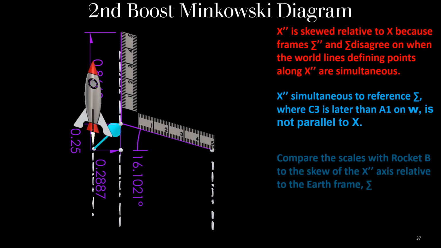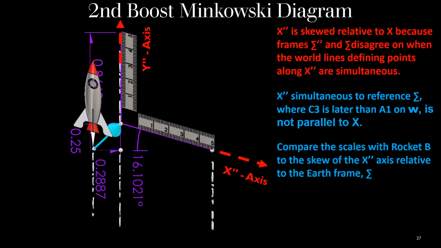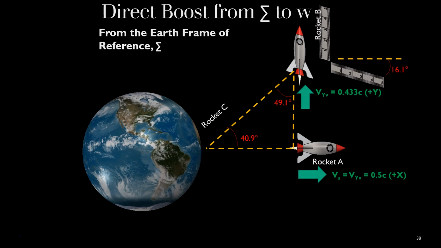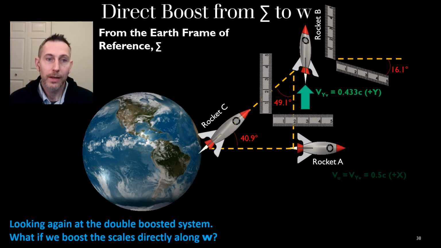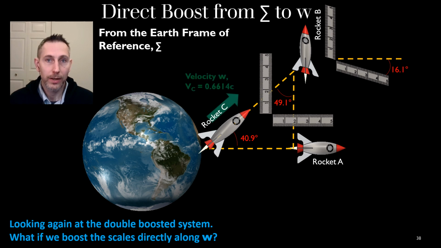Compare the scales along with rocket B relative to the Earth frame sigma, and look again at the double-boosted system. What if now we boost a third rocket C with its own set of scales directly along the vector W from Earth?